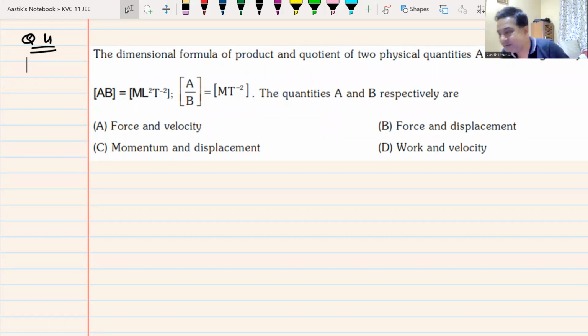Quantities A and B respectively are. So you have to choose, and do it fast. Remember, JEE is about speed and accuracy. Time is running out.